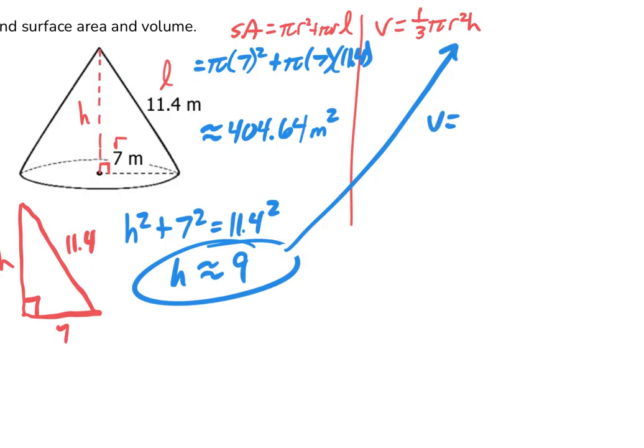So we're going to go volume equals 1/3 times pi times 7 squared times 9. And you could just leave that in your calculator. Multiply it times 7 squared times pi times 1/3.